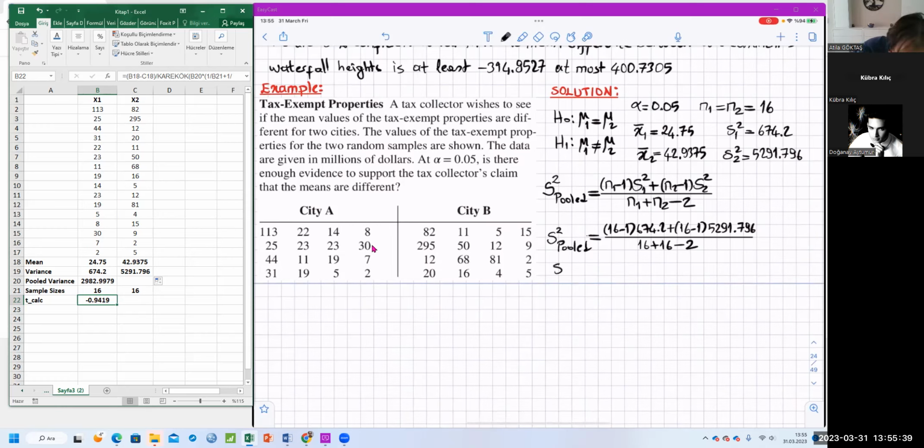So the pooled variance, the result is right there in Excel. It's calculated already there. I don't need to waste time. I can easily write the variance 2,982.9979. Okay, that's the pooled variance.